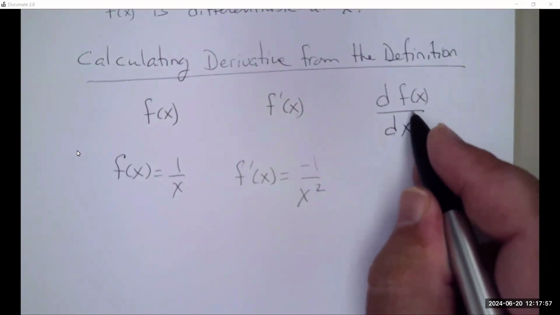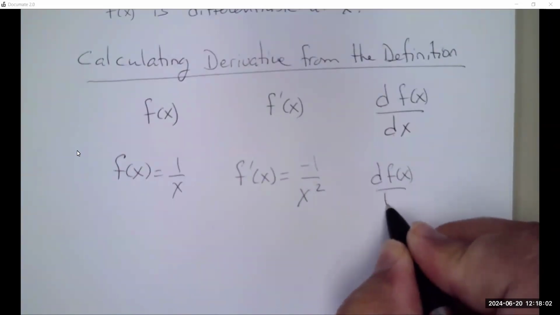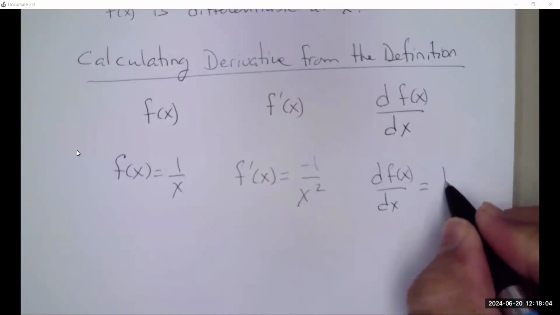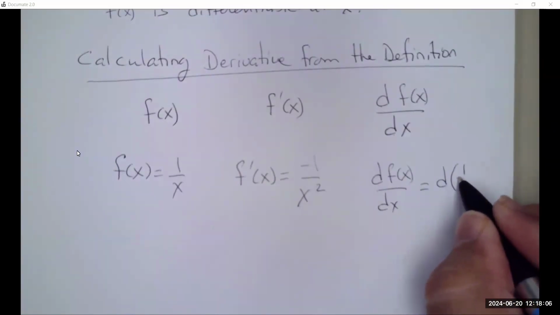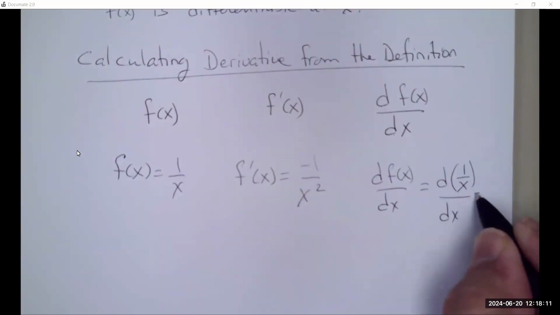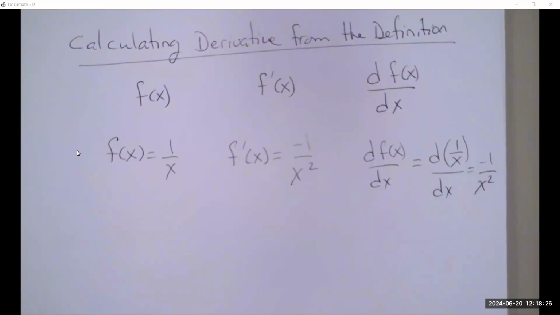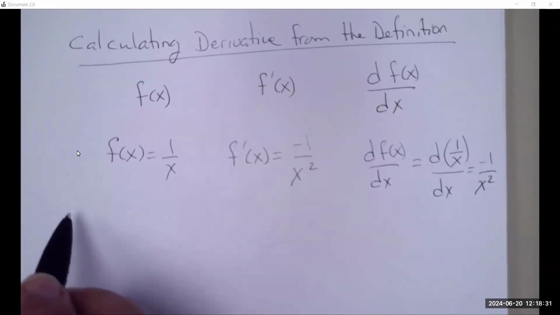So using this terminology, we can say the derivative of 1 over x with respect to x was negative 1 over x squared. And there are a whole slew of those symbols we use.